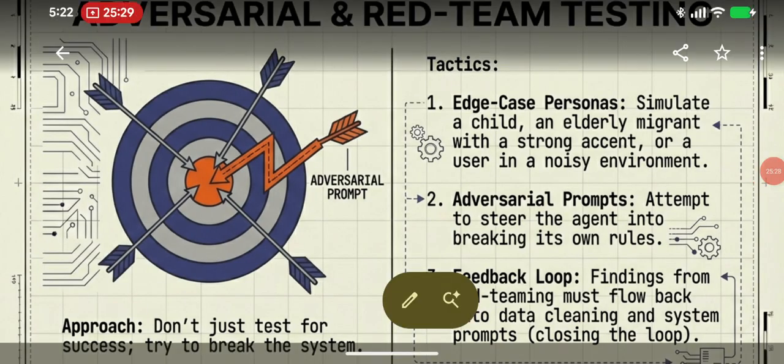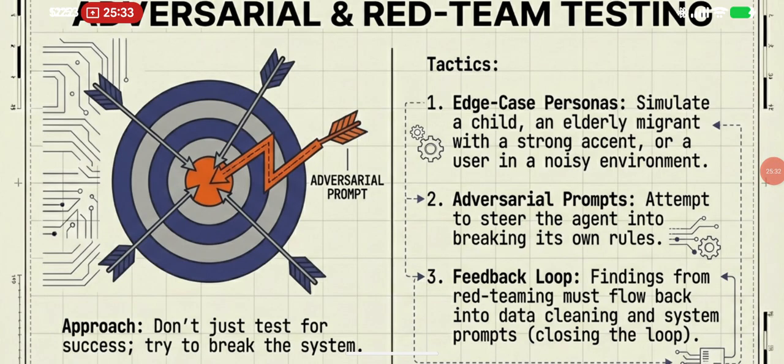So for doing all the evaluation and testing, we need to have adversarial and red team testing. How it can be done is we look for the edge cases, and based on the edge cases we can do the human intervention.